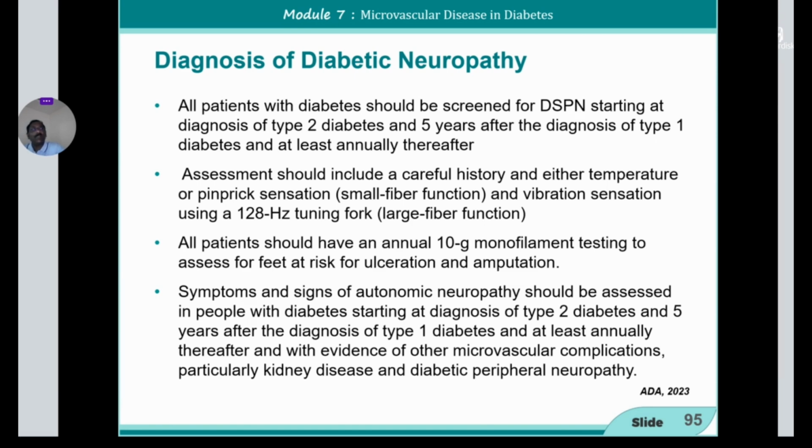So if the patient has diabetic neuropathy symptoms, and you examine and your diagnosis is diabetic neuropathy, don't be happy with that diagnosis alone. Why not retinopathy? Why not nephropathy? Why not cardiomyopathies? Why not CVA? Unless you ask the leading questions, you are definitely missing those complications also.